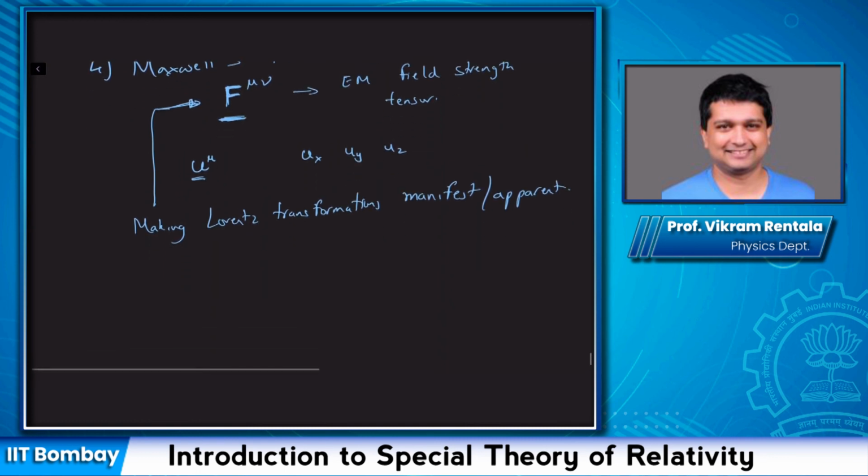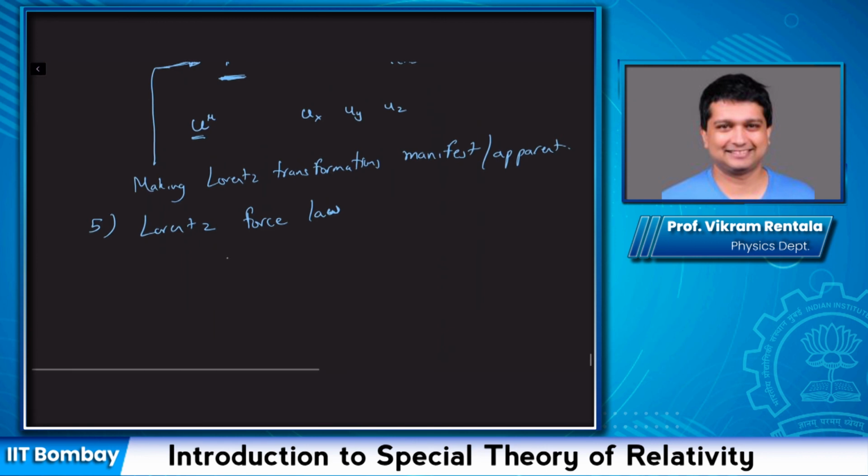And finally we saw the Lorentz force law is also compatible with the principle of special relativity, provided we switch from identification of 3-momentum to the 3 components of 4-momentum, which are these.